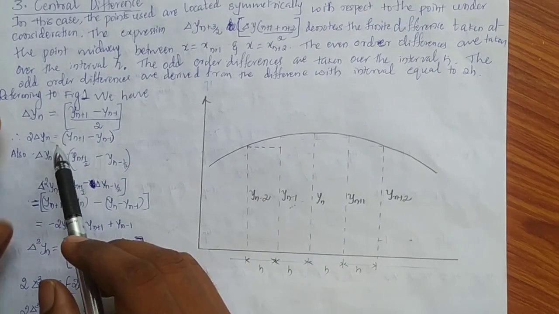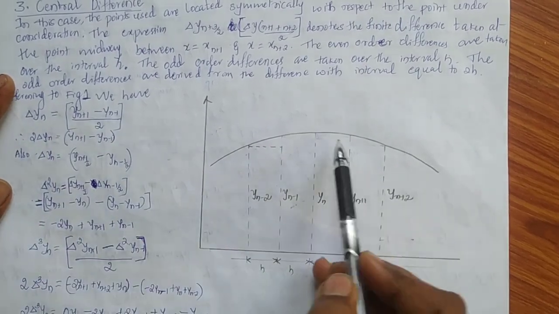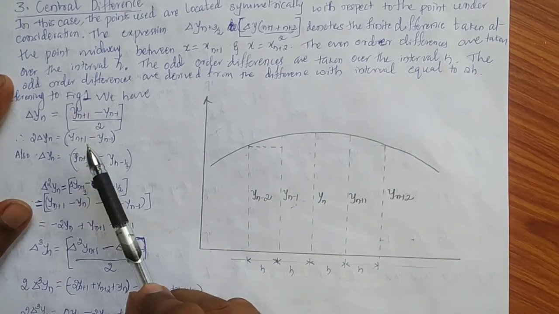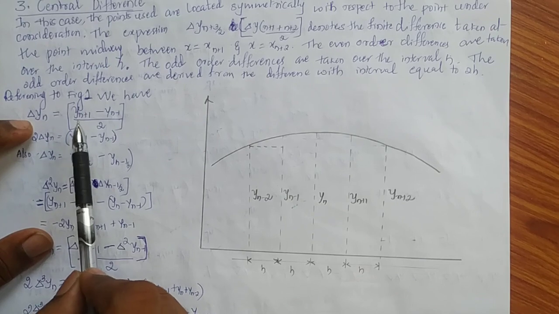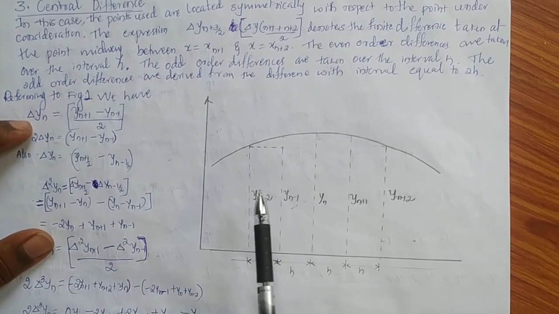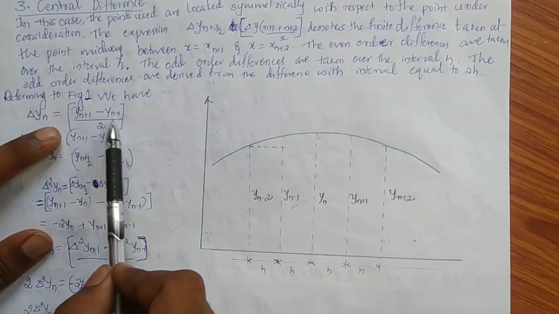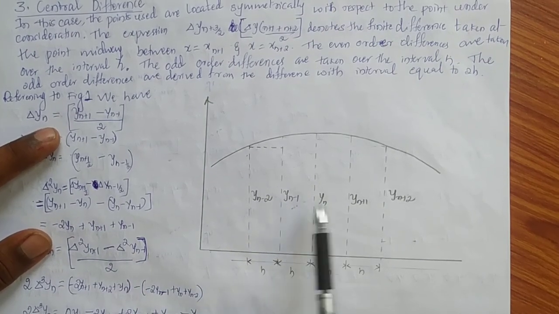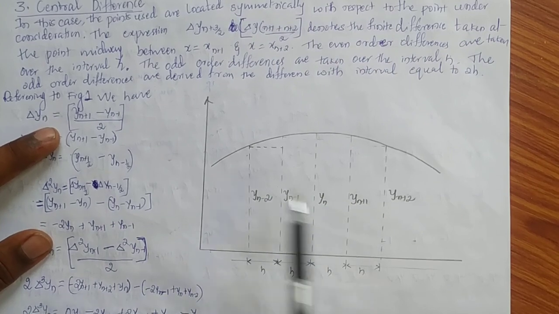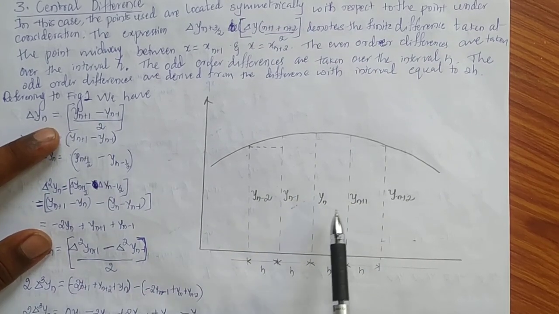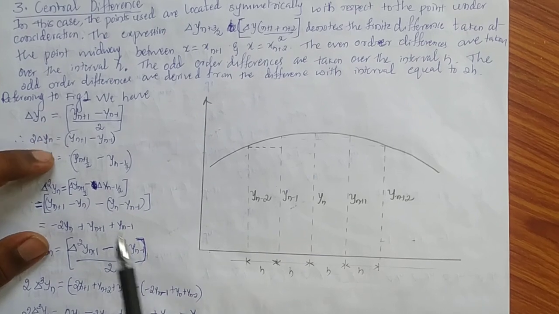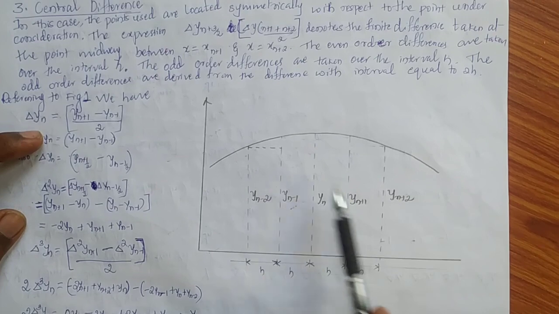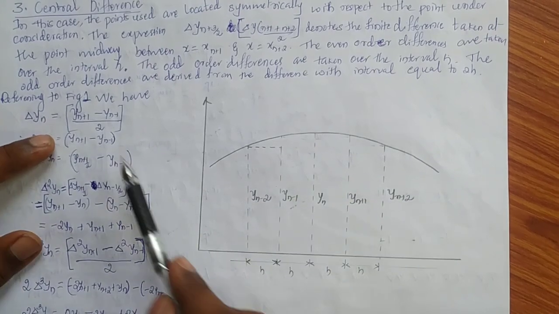So delta yn is equal to yn plus 1, the ordinate next to it, minus yn minus 1. That actually gives you two differences, from here to here, double. So that divided by 2 makes it a single difference. Therefore delta yn is equal to yn plus 1 minus yn minus 1 divided by 2.